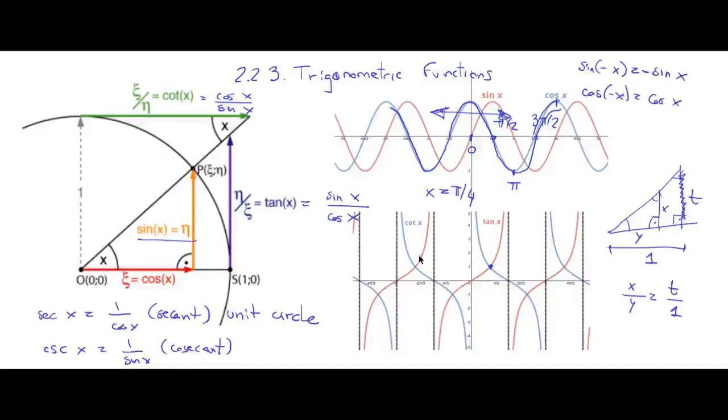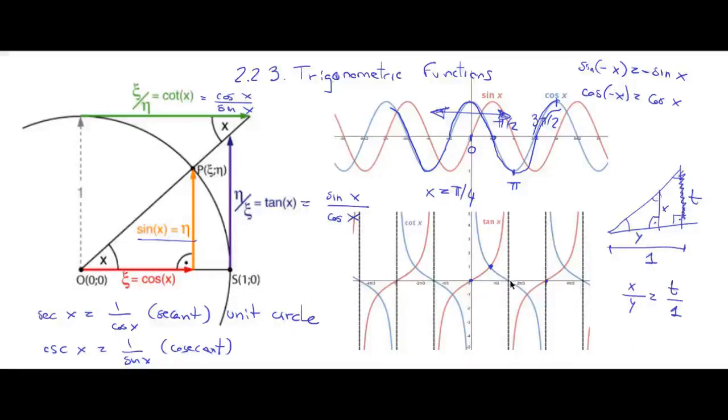When the sine of x is 0, the tangent is 0, so that happens at 0, at pi, at 2 pi, and so on.